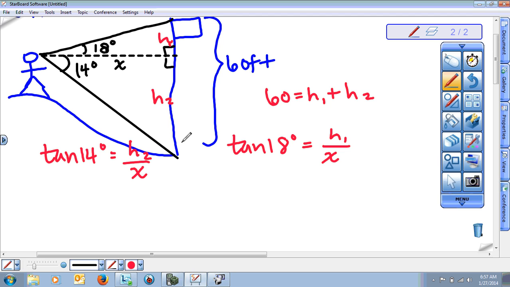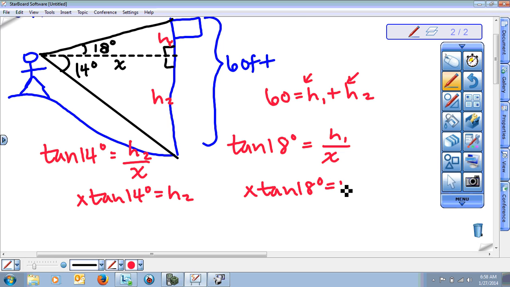And we're trying to solve for x. So let's find out what h1 and h2 are and put them in this equation in these two spots. Okay? So we're taking x times tangent 14 degrees is h2, and x times tangent 18 degrees is h1.